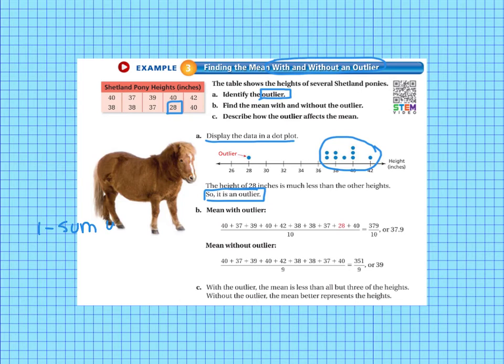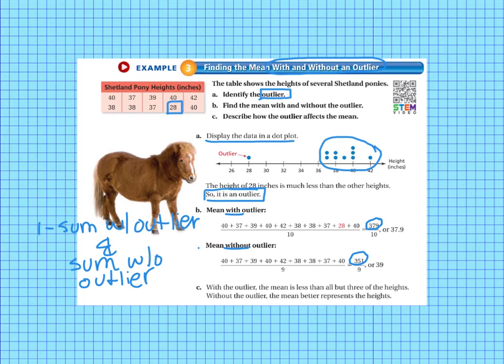Sum with outlier and the sum without the outlier. Without outlier, that's hard to say. So you're calculating two different means here, one without the outlier and one with the outlier. You can see that with the outlier, the sum is 379, and without the outlier, it's 351.